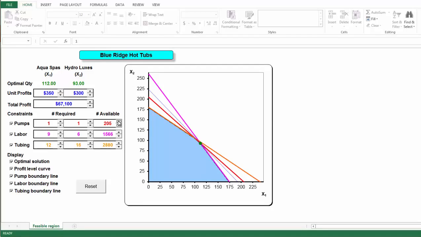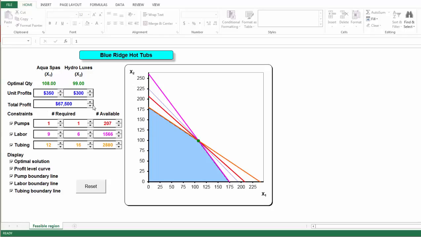Every time we add one more pump, the optimal profit increases by 200 until the number of pumps reaches 207. By that point, the optimal solution is still determined by the intersection of boundary lines of pump and labor constraints. At 207, things are slightly different and tricky.